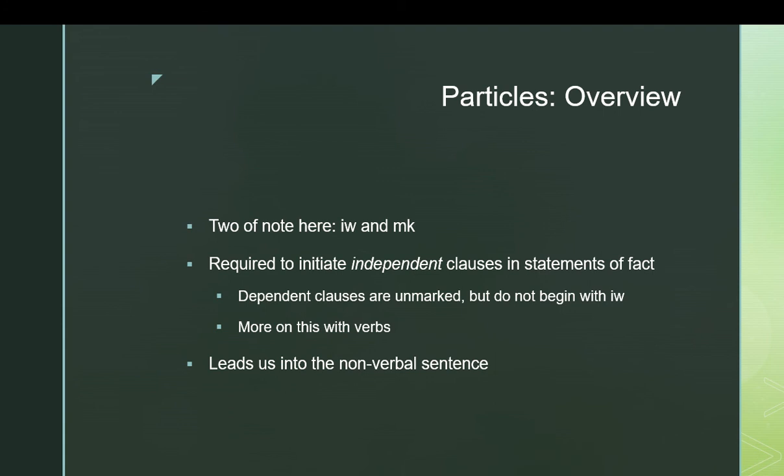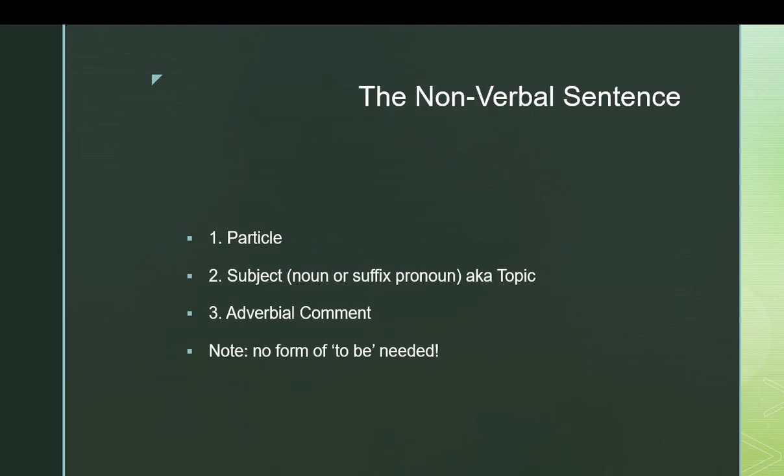They do work with verbs, but they don't require verbs, which we'll get to in a second. The non-verbal sentence is how you express A is B kind of sentences, or at least it's one common way of doing so.